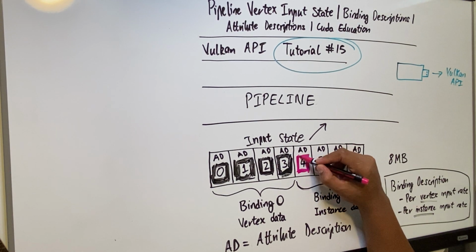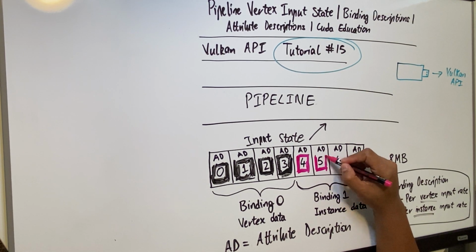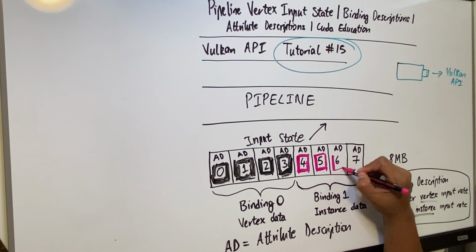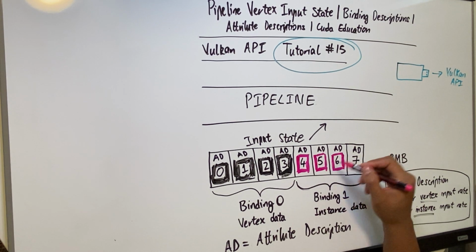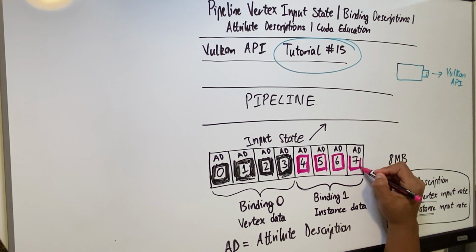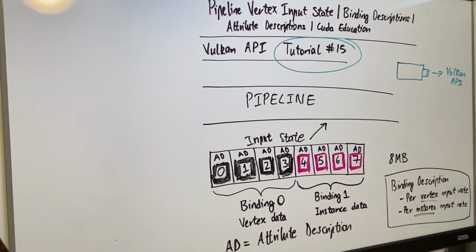So remember, instance data has rotation information, it has texture information, it has position, scale, all that information. So the data type and all that stuff for each one of these is going to be different depending on what location it is. And you describe that in the shader and all that stuff. I discuss it in more detail in tutorial 15.